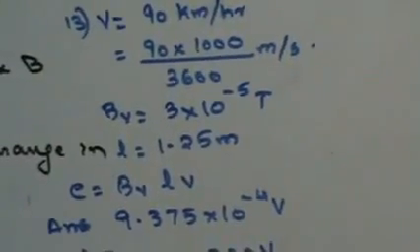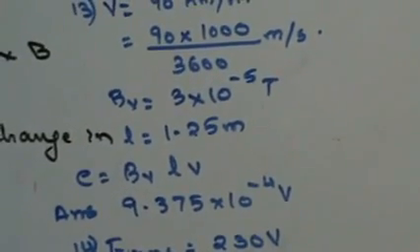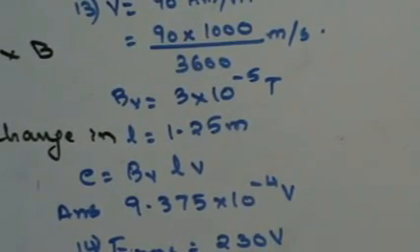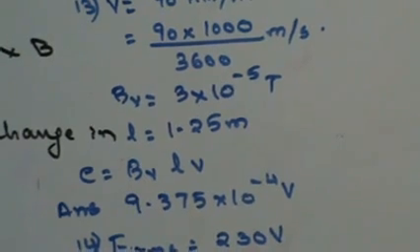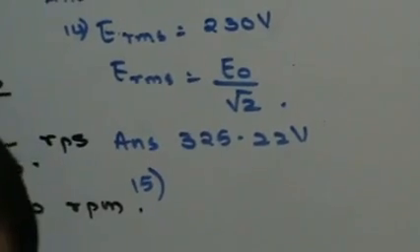ERMS is E0 upon root 2. That's the relationship between peak value and RMS value, right? They've given you the RMS value. You can straight away calculate the peak value. The answer for this should be 325.22 volts.